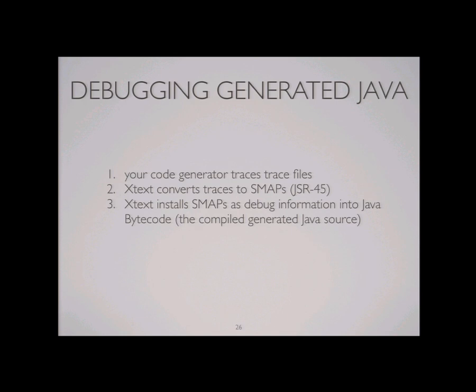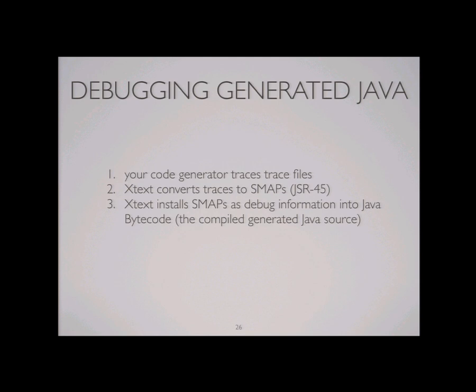And Xtext can install those SMAP definitions as debug information into the Java bytecode that has been created from the generated source code. So it's basically generated source code, compiled to bytecode, and then enhance this bytecode with the SMAP file. And that's it.